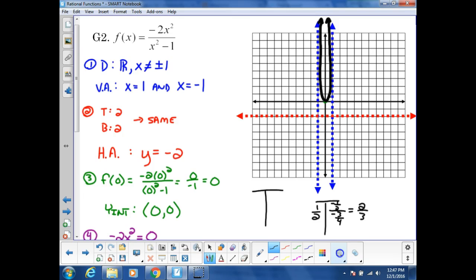So let's go negative 2 and negative 3. Negative 2 squared is positive 4 times negative 2 is negative 8. Negative 2 squared is positive 4 minus 1 is positive 3. So that's going to be negative 8/3, which is negative 2 and 2/3.